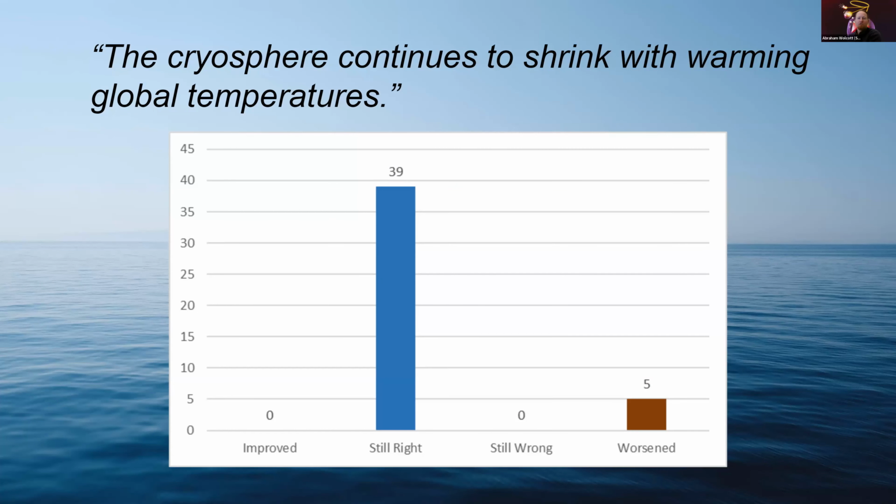And overall, the students still maintained a majority of them were getting it correct. But it's kind of interesting that 5 of them worsened, which means that everybody got it right the first time, but then they might have gone through it quickly and got it wrong just because they were doing it so fast. That could be it, yeah.